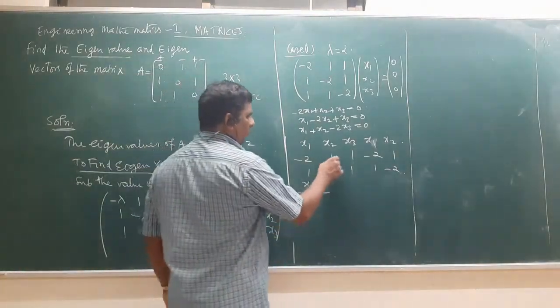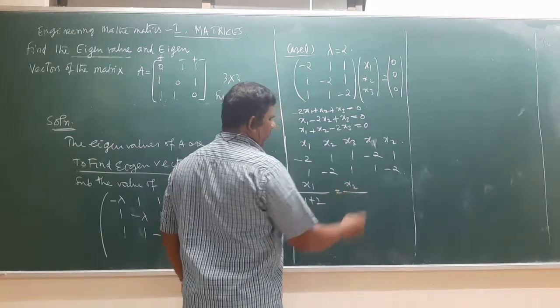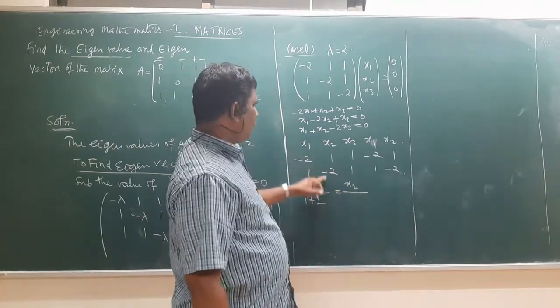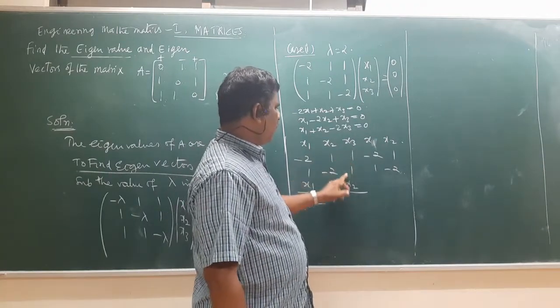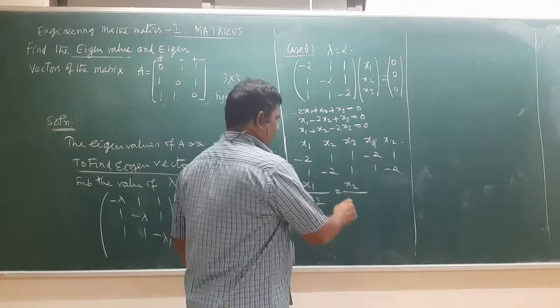Okay, so here 1 plus 2. For x2, leave the respective column, find the determinant of the next two columns, that is 1 plus 2.